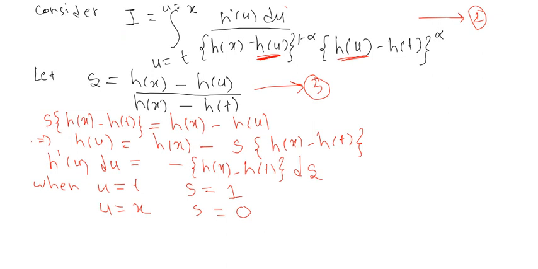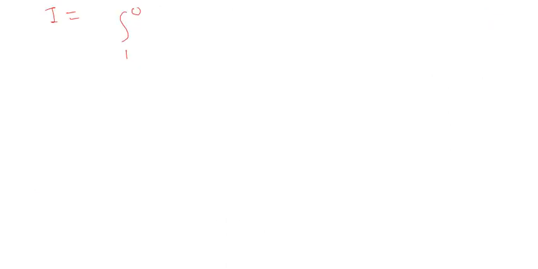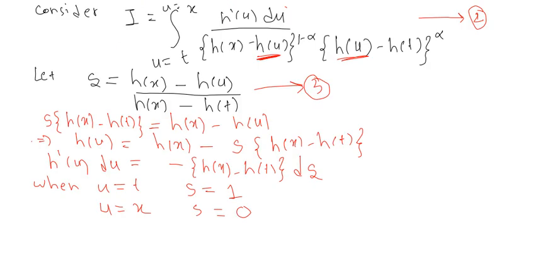This will be minus h of x, minus h of x minus h of t, into ds divided by... What will this become? h of x minus h of u is given by this particular expression.